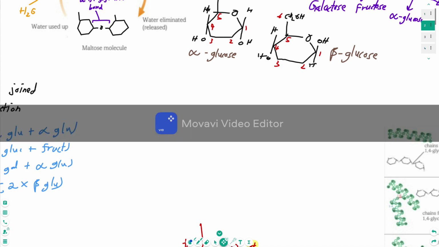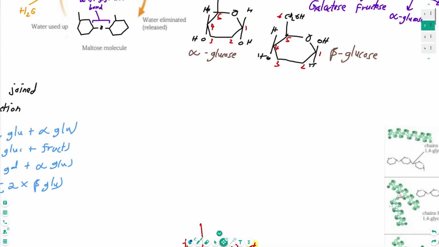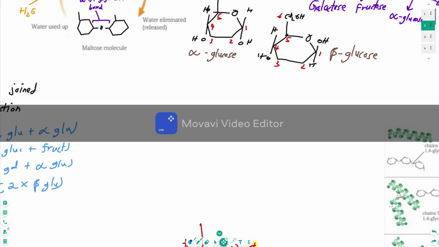So oligosaccharides and polysaccharides are sort of the same thing, except oligosaccharides are less than 20 monosaccharides long, and polysaccharides are more than 20 monosaccharides long. That's all you need to know about oligosaccharides for now.